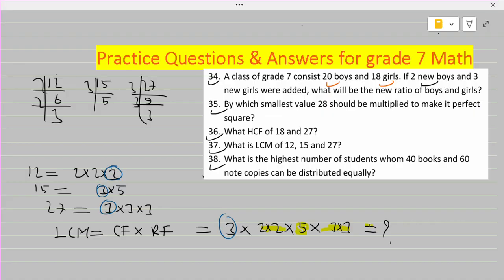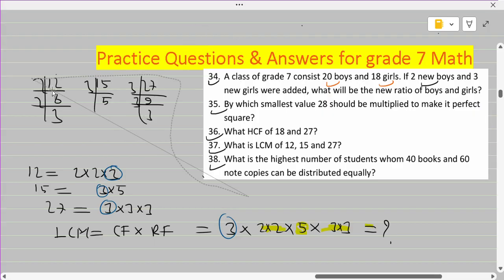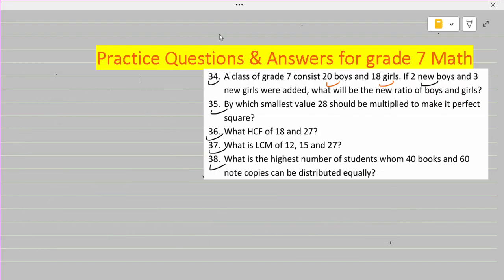And I go with number 38, right? So here in number 38, it says, what is the highest number of students among whom 40 books and 60 note copies can be distributed equally, is it? So that's the value of the HCF.